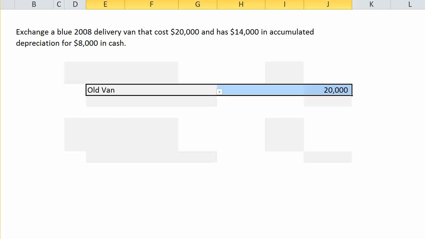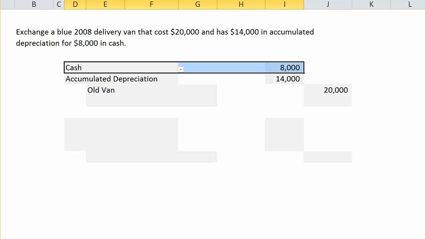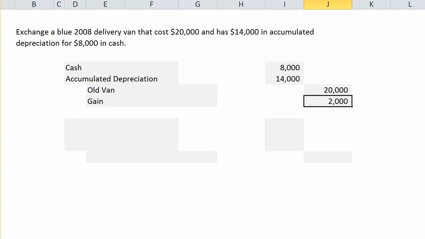We need to take the accumulated depreciation off the books for $14,000. We received $8,000 in cash. And we can very quickly see that debits don't equal credits. We've got $22,000 in debits and $20,000 in credits. We received $8,000 for something that had a net book value of $6,000, so we've got a gain of $2,000.